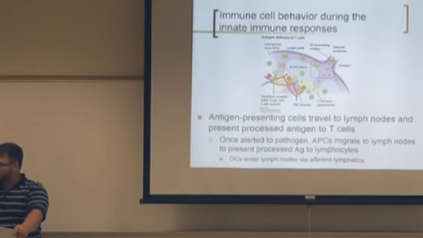Once alerted to the pathogen, the APCs migrate. We have a lot of APCs circulating throughout the body and in the tissues, and once they are alerted, they traffic to the lymph nodes and present their antigen to the lymphocytes there. They enter through the afferent lymphatics.